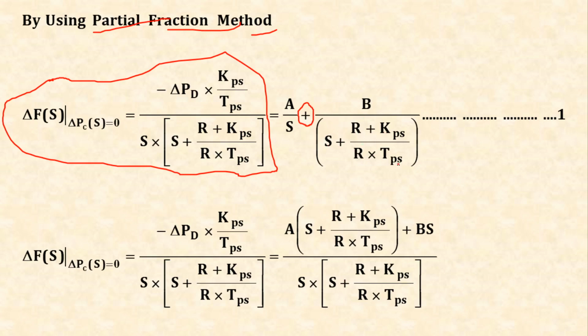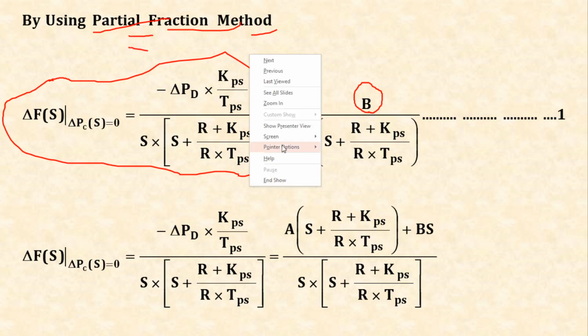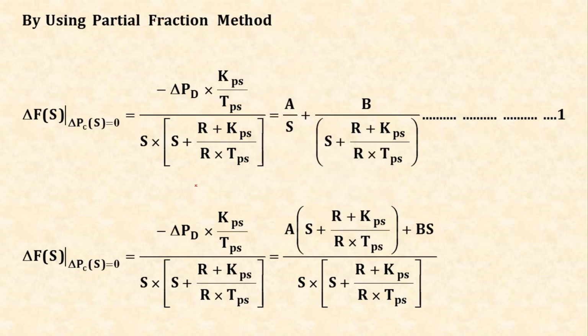Clear? So we have to find out the constants A and B and then we will apply the inverse Laplace formula. So for that I will use the partial fraction method. So this is our final equation and this is the modified equation of delta f of s to apply the inverse Laplace formula.